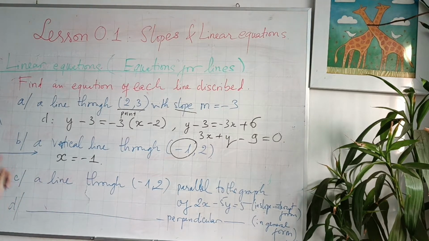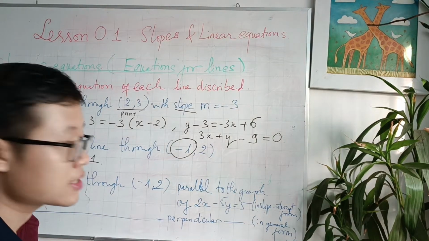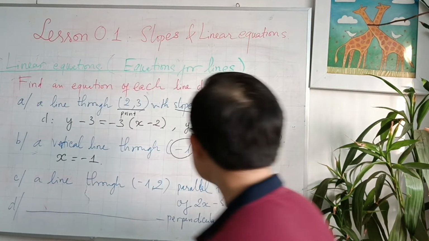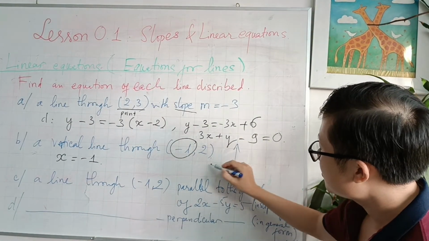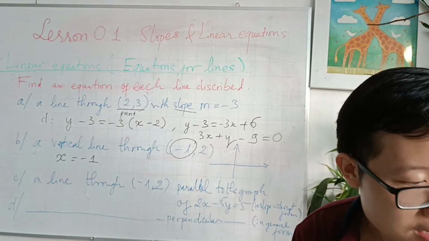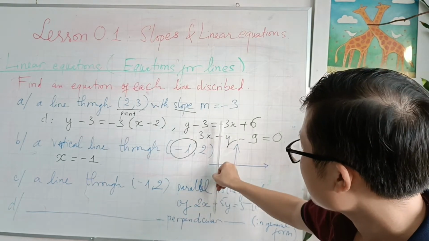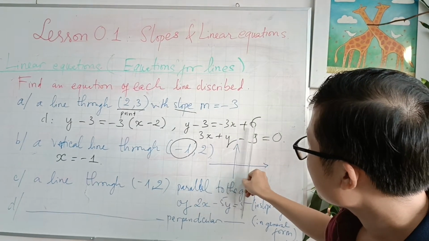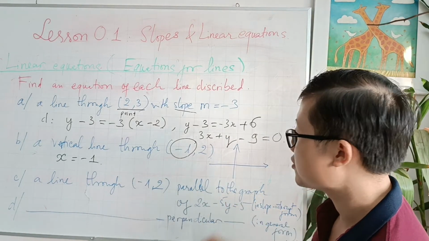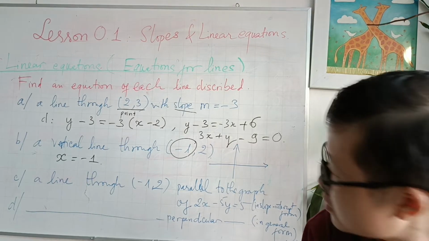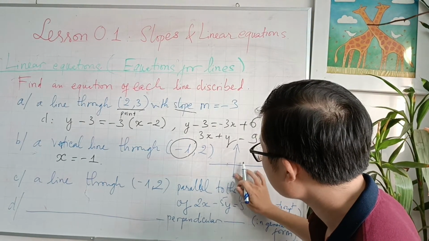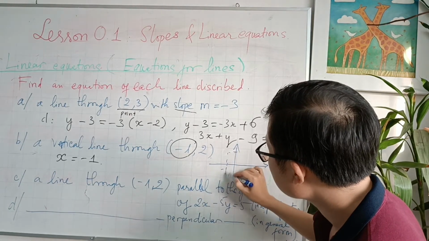The line is vertical, so it's perpendicular to the x-axis, and it goes through the point (-1, 2).